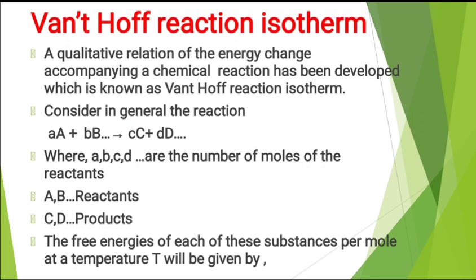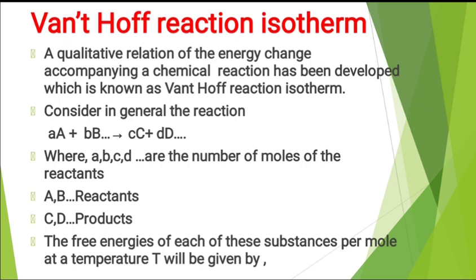For that study, we will consider a general reaction small a into capital A plus small b into capital B gives small c capital C plus small d capital D. So here small a, b, c, d are the number of moles of the reactants and the products respectively.